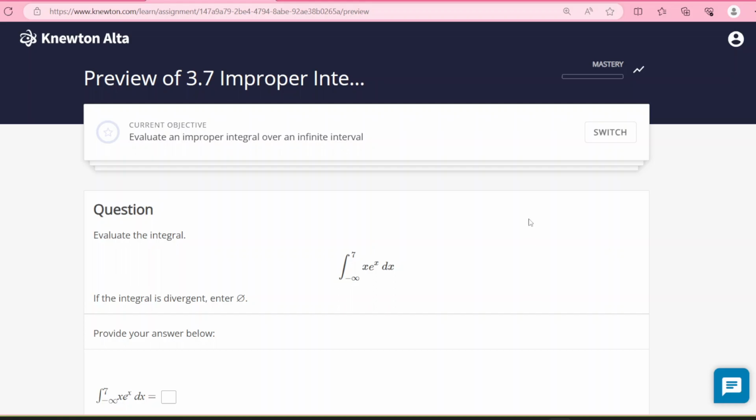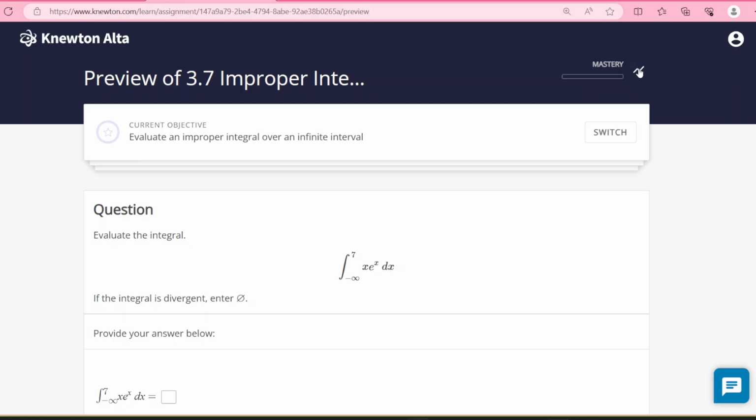All right, so here's the Newton-Alta page. You won't see the word preview up here, but you'll see the title of the assignment in the upper left-hand corner. In the upper right-hand corner, you have the mastery bar, which shows you how far along you've gotten.